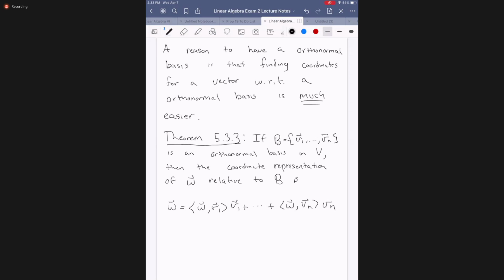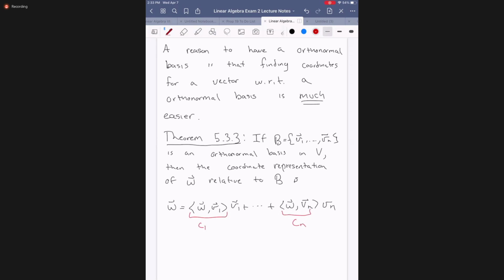So here it's actually just given to you. As soon as I know my vector W and my basis V1 through Vn, the only thing I need to know is what the inner product is. As soon as I know that, I can compute each of these coefficients. These are my C's now: this is C1 and this is Cn.